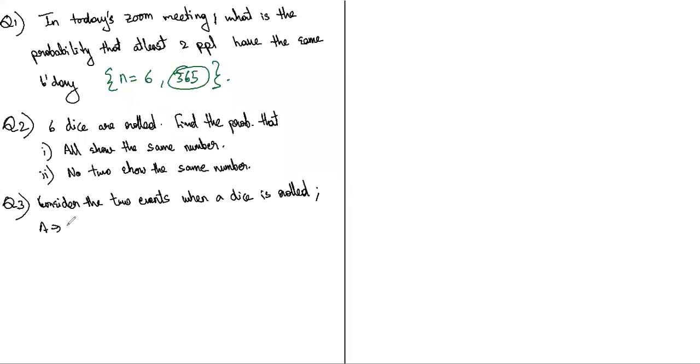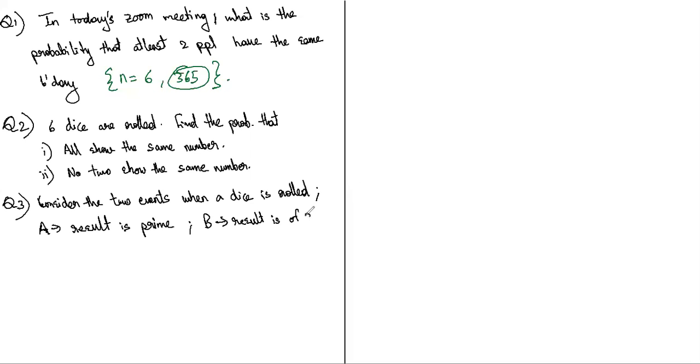First event A is the result, result basically meaning the number showing on top. Result is prime. And the second event B is the result is of 3k form.